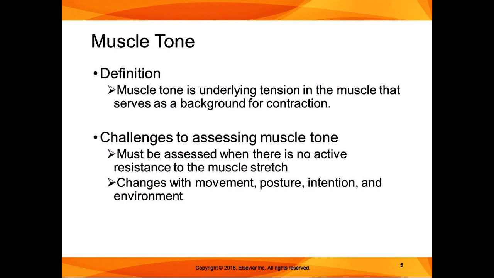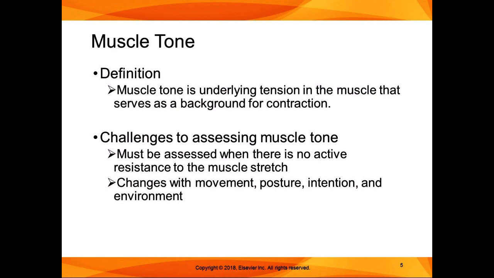So muscle tone is the underlying tension in a muscle that serves as the background for contraction. If your muscle is completely flaccid and you do not have any muscle tone, you cannot generate a muscle contraction. So you have to assess muscle tone when there's no active resistance to the muscle stretch. Basically you're going to do passive range of motion to assess muscle tone.